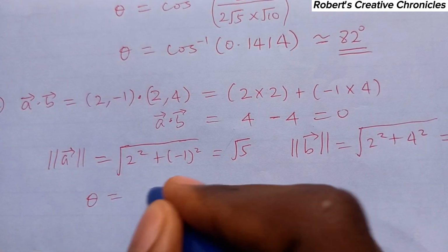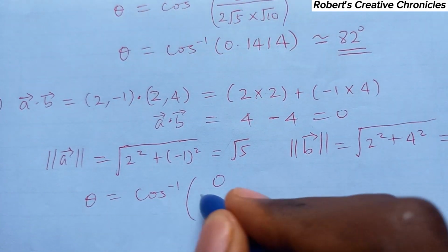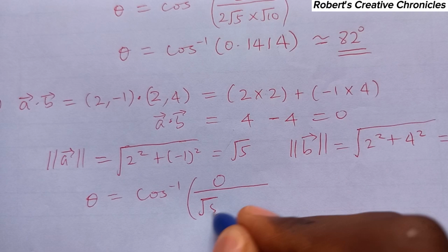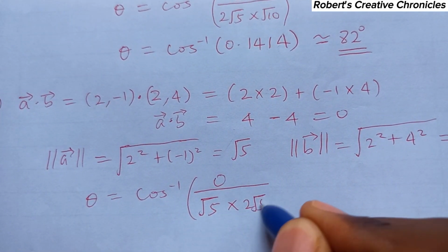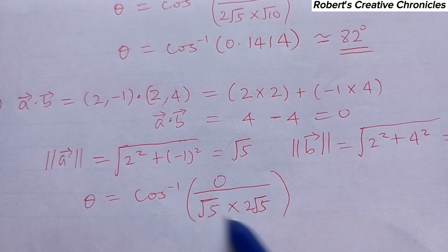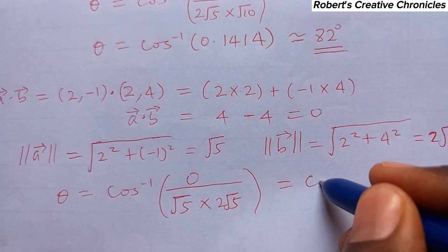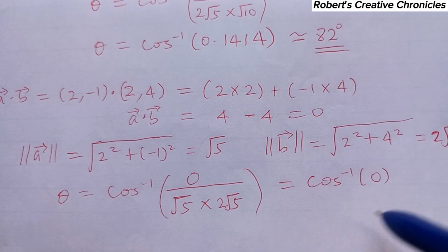Theta now will be equal to cos inverse of the dot product, which is 0, over root 5 times 2 root 5. Everything here is 0, so it will be equal to cos inverse 0.